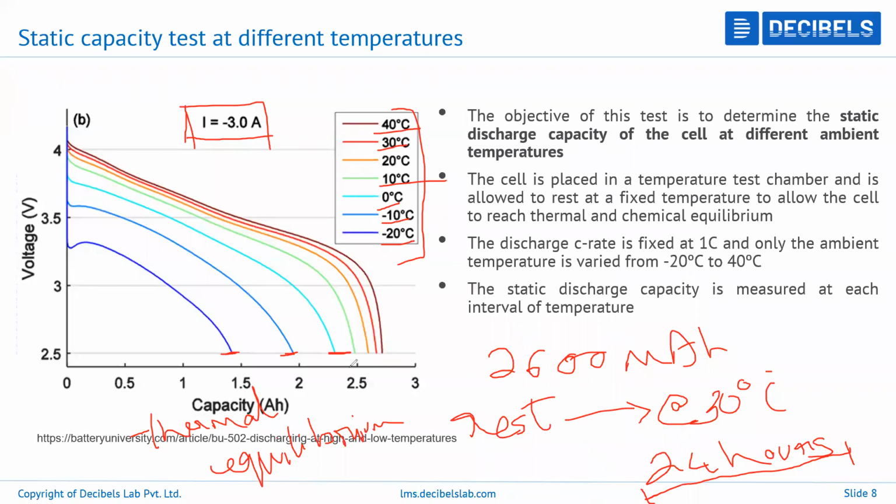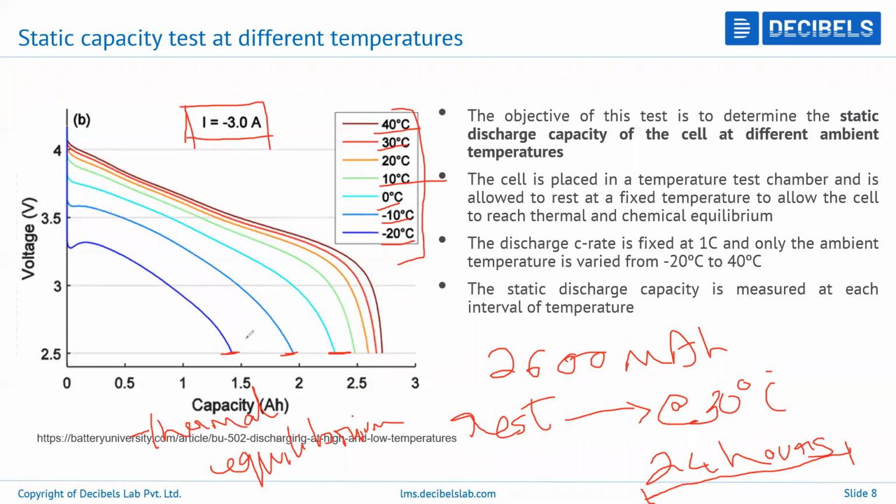Okay, at lower temperature, what happens? There are a certain amount of chemical reactions that happen, and those chemical reactions release some ions, which have to be exchanged between the electrodes of the cell. These ions will start to lose energy at lower temperature, and because of that, they will not have sufficient energy to cross the electrolyte into the other electrode.